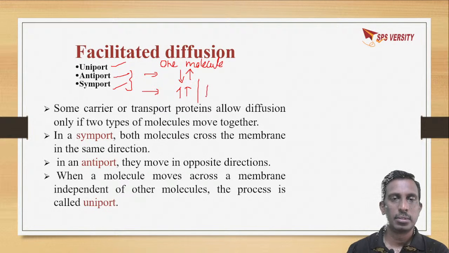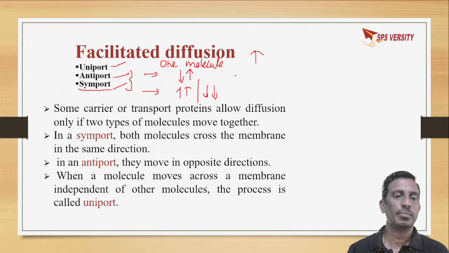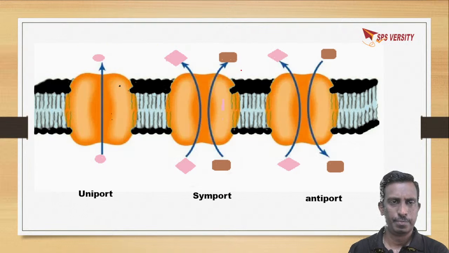Either this or this. Symport means the same direction. Antiport means opposite direction, 2 molecules. Uniport means only one molecule will move. So these are the 3 types of facilitated diffusion: uniport, antiport, symport.